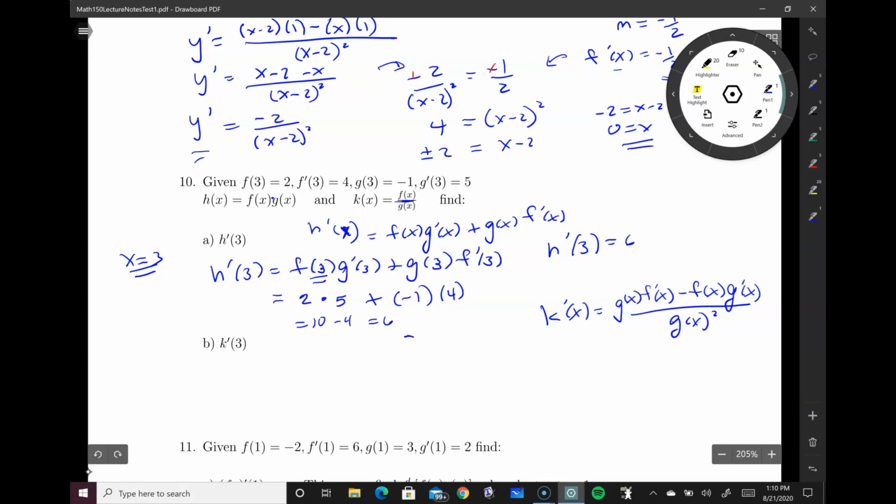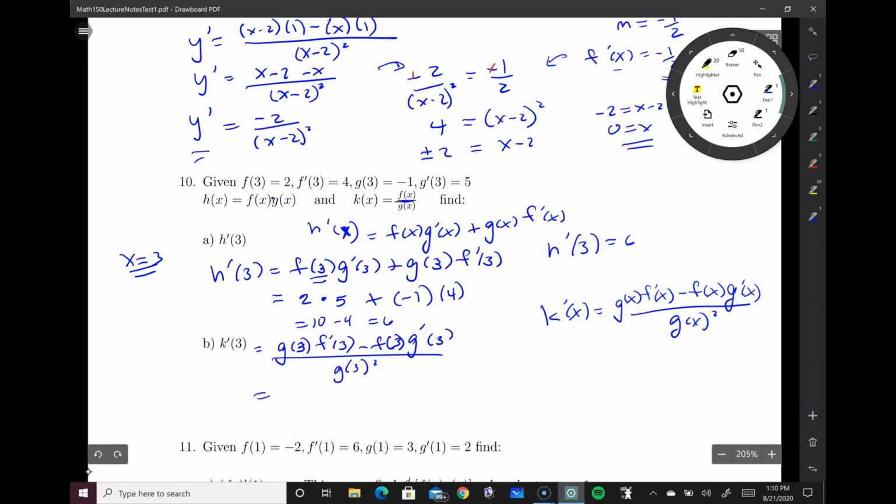All right, so now let's plug in x equals 3 everywhere. So g of 3, f prime of 3. At this point it's just kind of a big puzzle, right? G prime of 3, I meant to put a 3 in there. 3 all over g of 3 squared.